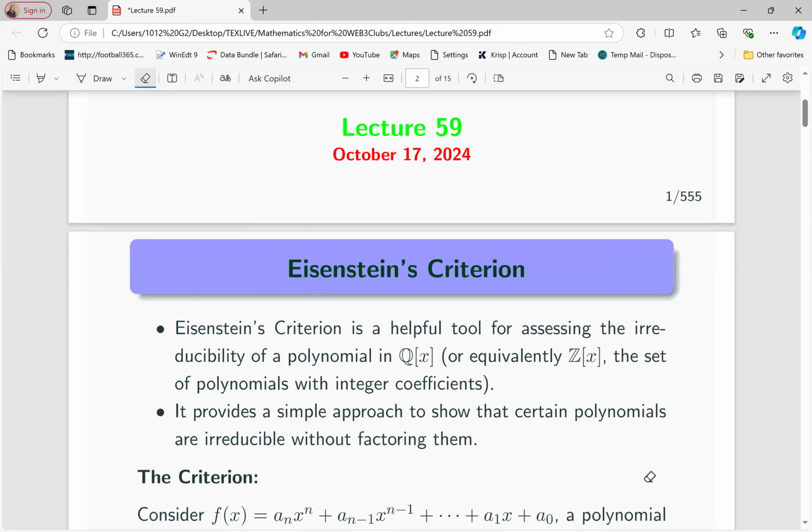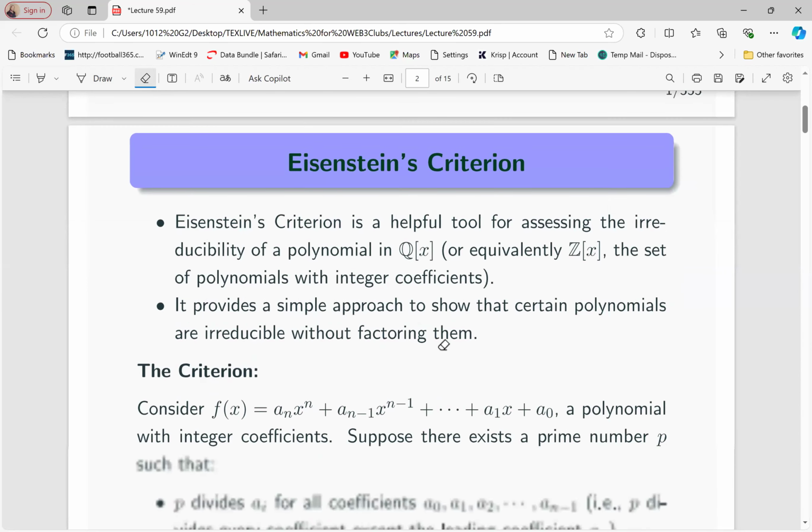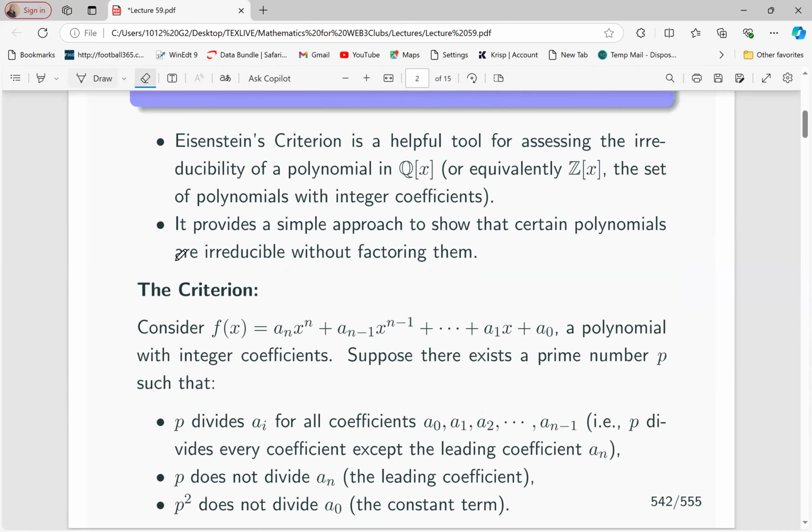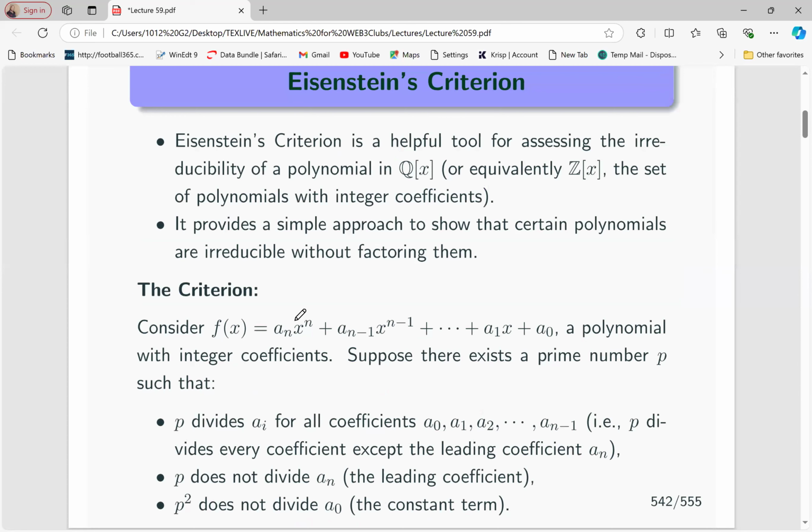Now, I was explaining how you use this criterion to tell whether a polynomial can be factorized or not. I was considering this polynomial, and I'm looking at the coefficients: the leading coefficient, the next coefficient, then all the way up to the coefficient that is multiplied by x, then I have the constant term.